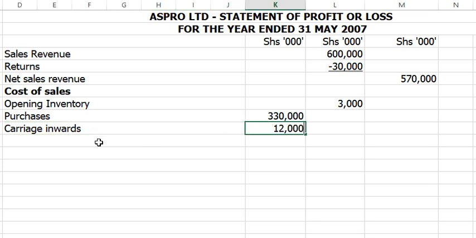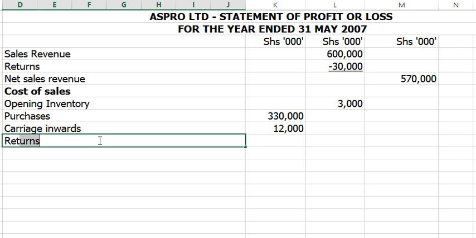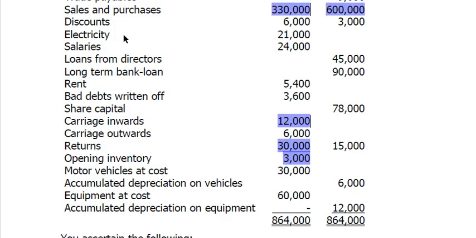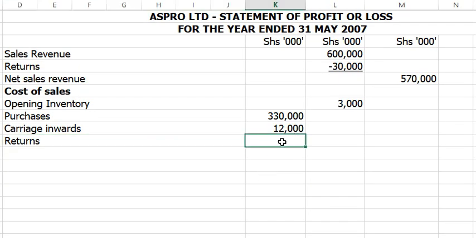But as you purchase, sometimes the business may also return some of the goods back to the suppliers. So we have the returns outwards, that is the balance on the credit column of the trial balance, and that is 15,000 in this case. When I get the returns, I deduct them from my figures.